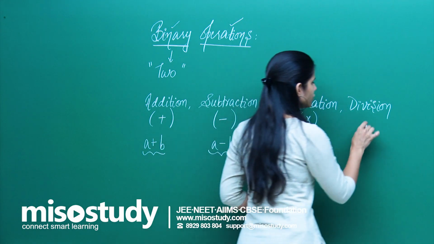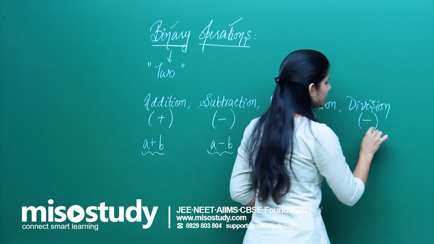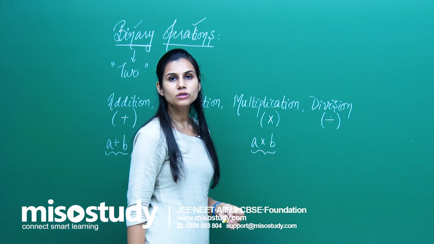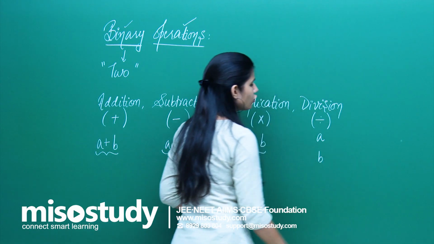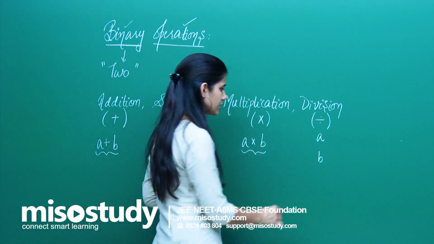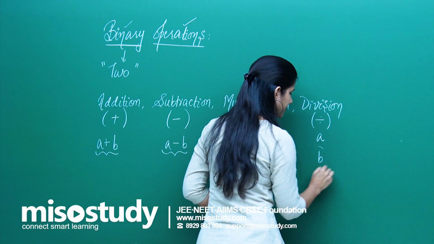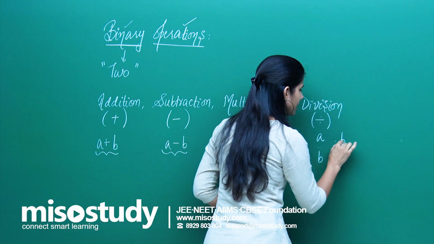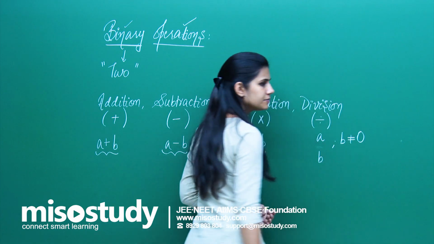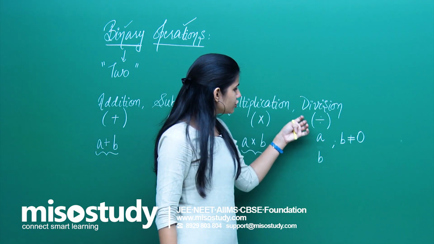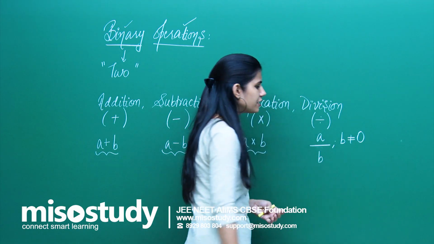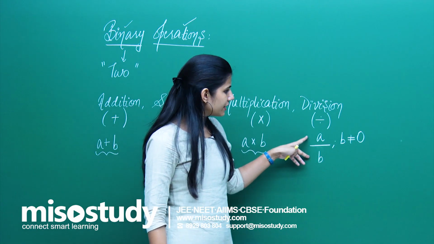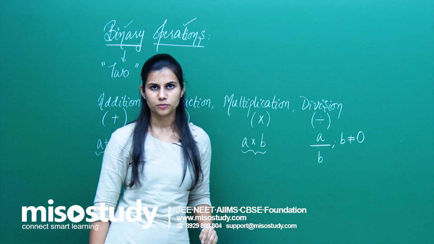And similarly, when I talk about division, division also used two numbers, specifically this b. One of them is non-zero, right? So division also used two numbers. It combined them by the operation of division to create a new number a by b, where b is non-zero.